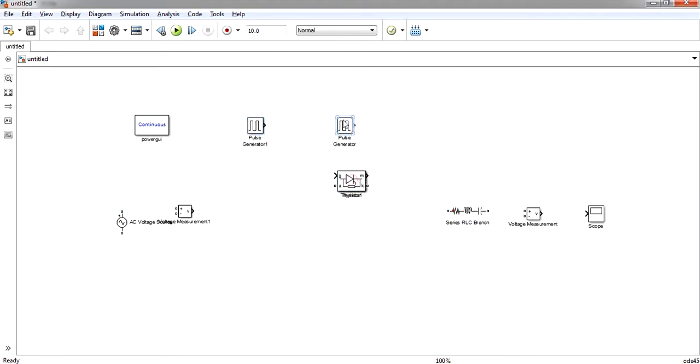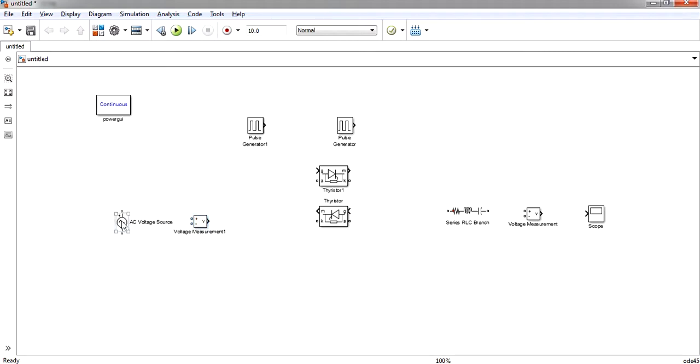Then I am placing the two pulse generators and two thyristors. These are all the components required to simulate the single phase AC voltage controller. Now the anti-parallel pair of thyristors, I am rotating it by 180 degrees.